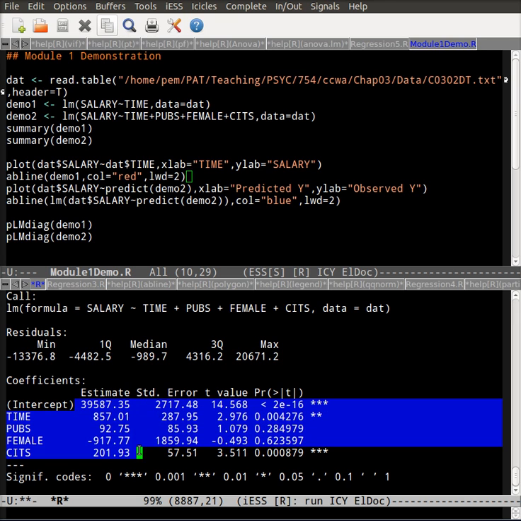These, by the way, are partial correlations, and they're partial correlations because each one of them is the part of the correlation between the predictor and the outcome, the criterion, with the other variables taken into consideration, or basically taken out.